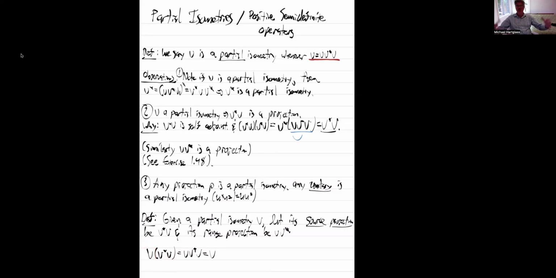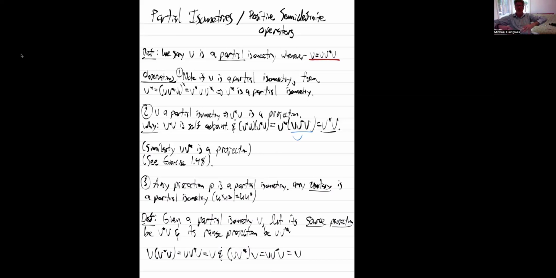It should sort of stabilize what V does. And similarly, if I go the other way, then I do V V star times V. So if I act on the range side, well, that's again V V star V, which gets us back to V.